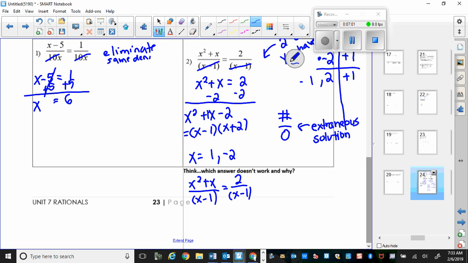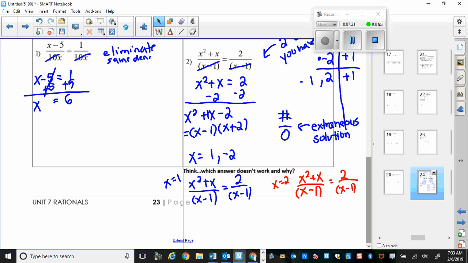We're going to check that for x equals 1, and then we're going to go back and check for x equals 2.